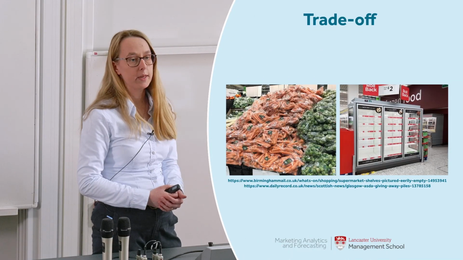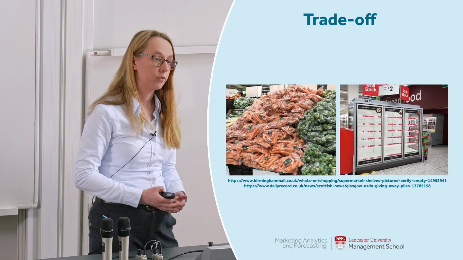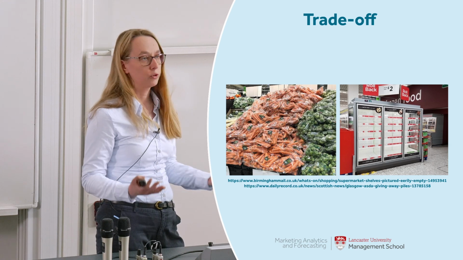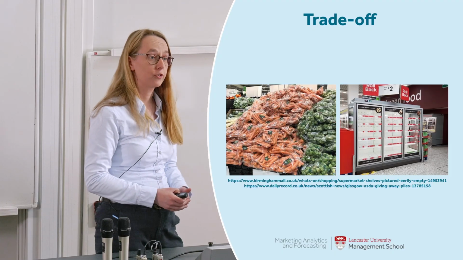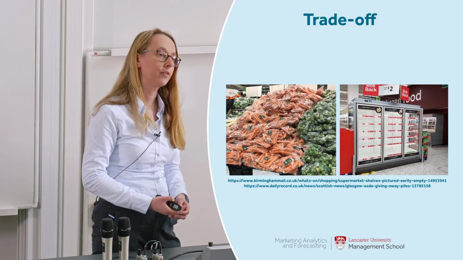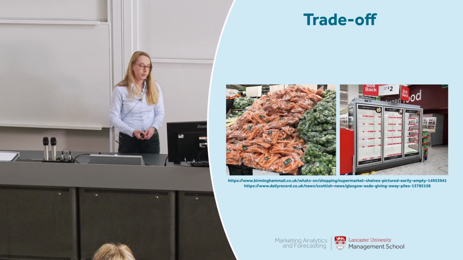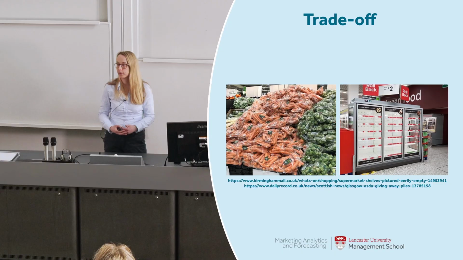When we make that decision, the inventory manager faces a trade-off between ordering too much and too little. You could say, okay, I want to satisfy all the demand that is possibly going to occur, so I'm just ordering a lot. However, you're not going to be very happy with this because you might end up with a lot of leftover inventory. For example, you might have a lot of fresh products left over, and maybe you can carry some of that over to the next period.